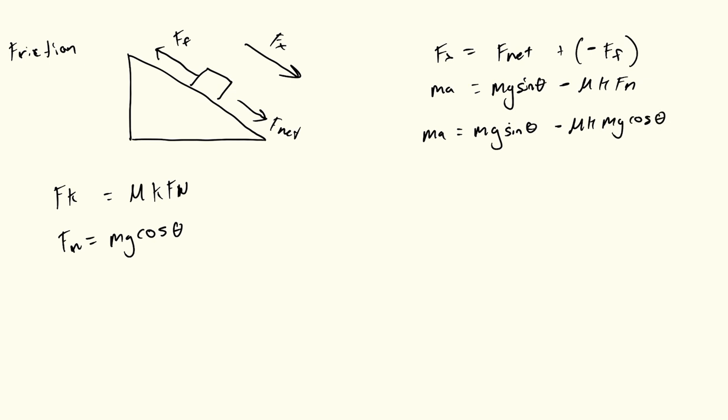And then now we can simply cancel out all the masses. So acceleration here is going to be equal to g sine theta minus mu k g cosine theta.